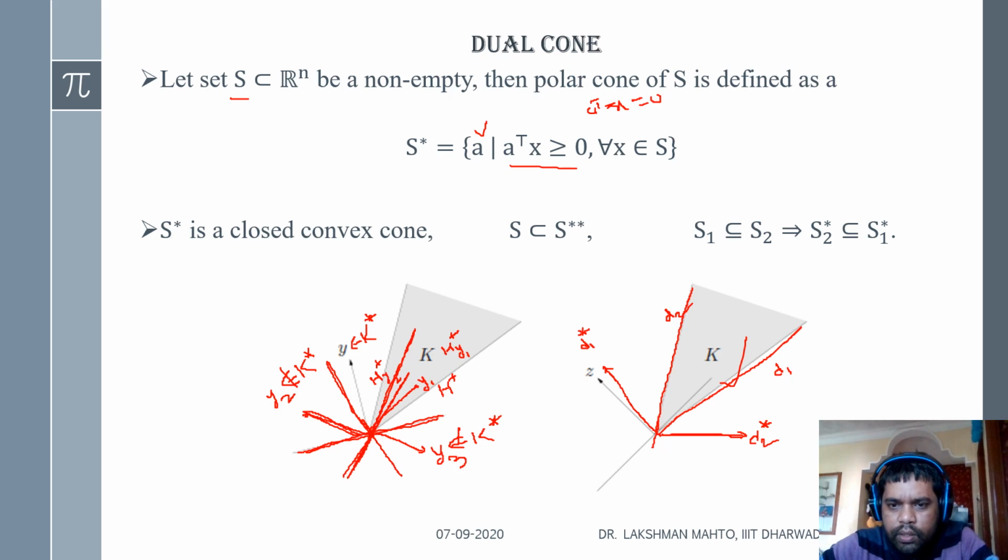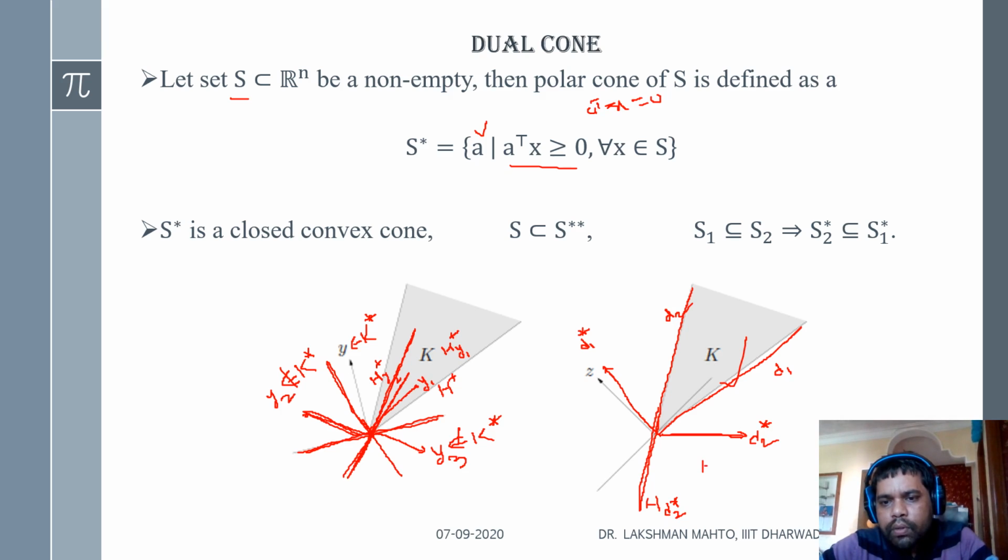With respect to d2 star as a direction, we can define a hyperplane going this way. This is the hyperplane with respect to direction d2 star.